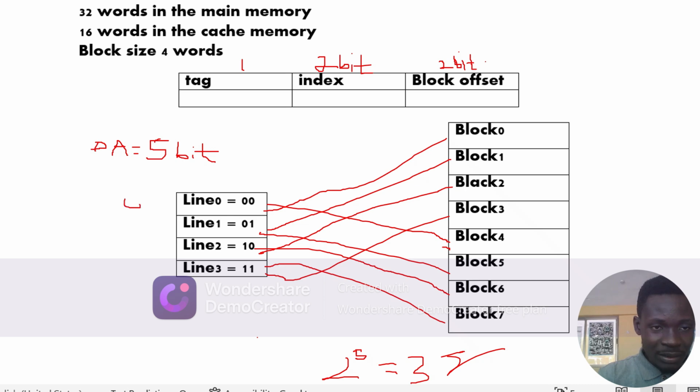This line contains 0, comma, 4. And this one contains 1, comma, 5.